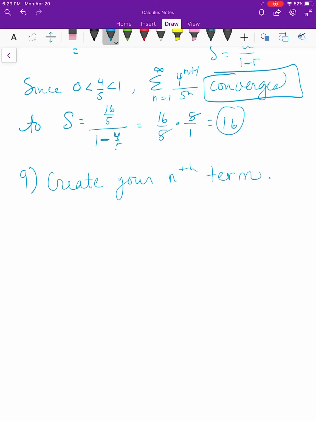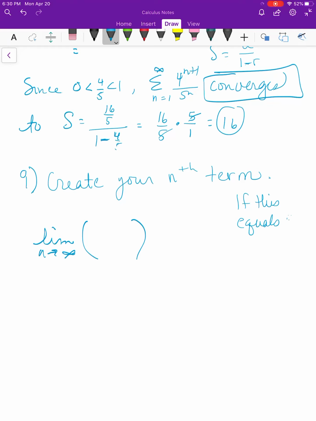The numerator's easy, it's 1. But you want to figure out what kind of number will give you those denominators. And notice that it's increasing by 4 every single time. So you're going to be looking for that nth term.